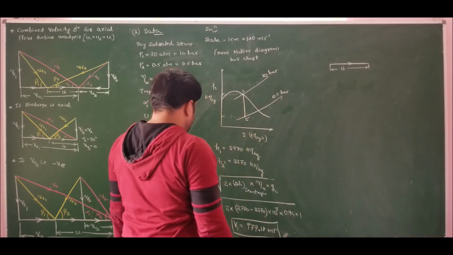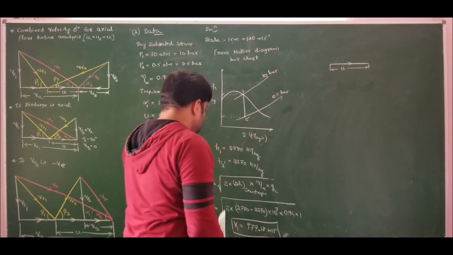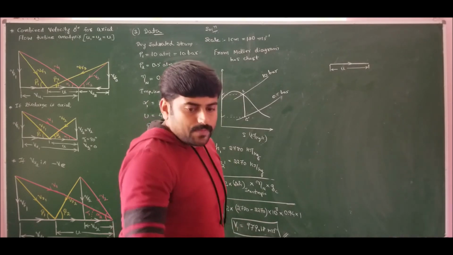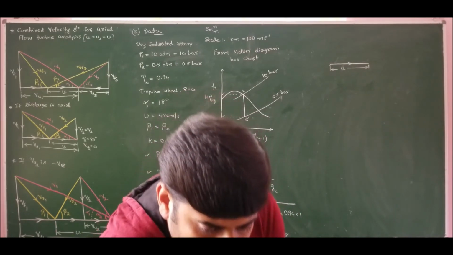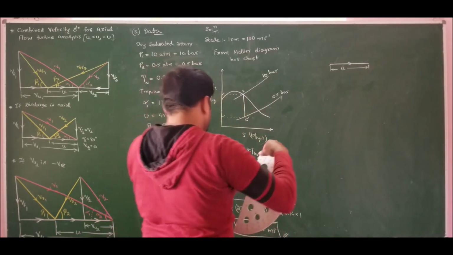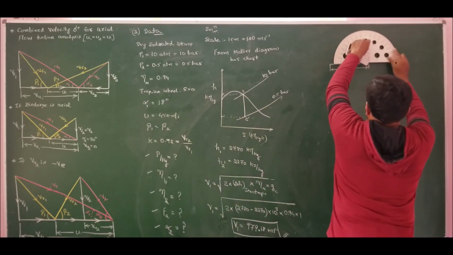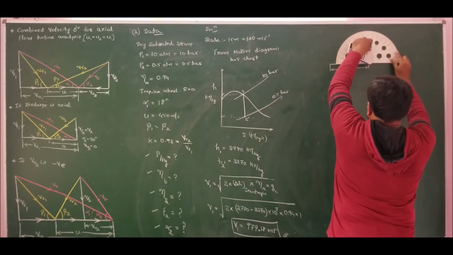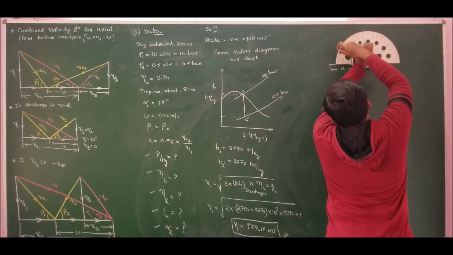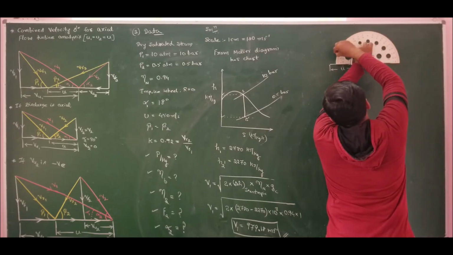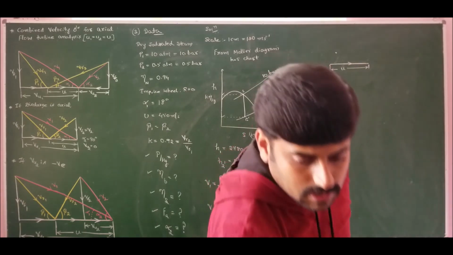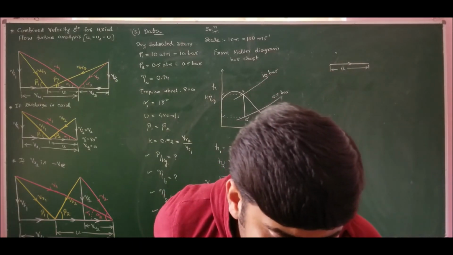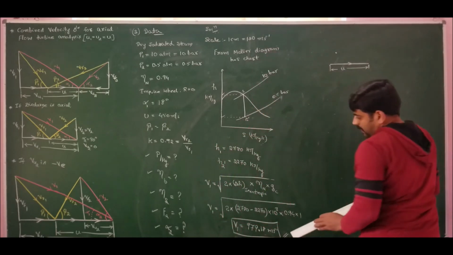We know alpha 1 and we know V1. Alpha 1 is 18 degrees, V1 is nearly equal to 980. So I mark alpha 1 as 18 degrees. At 18 degrees, drop V1.